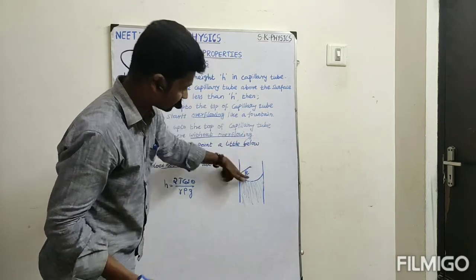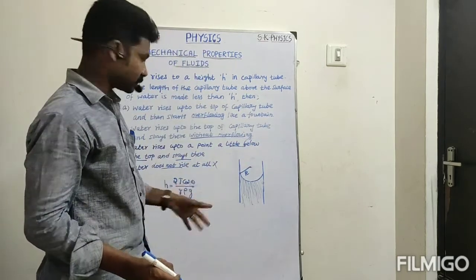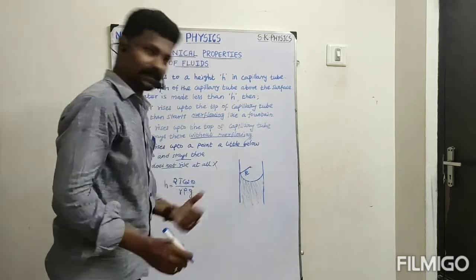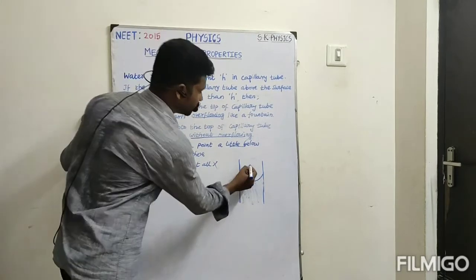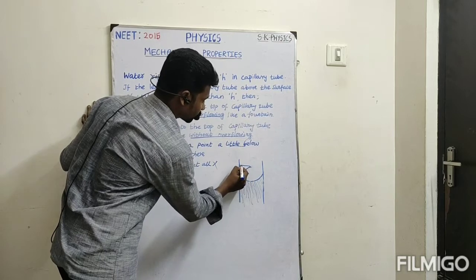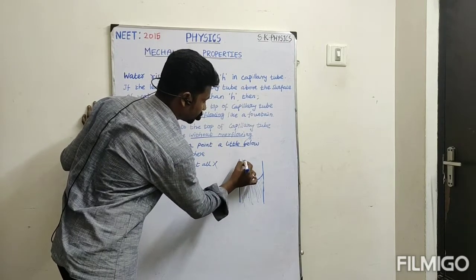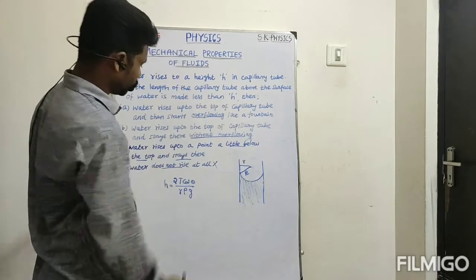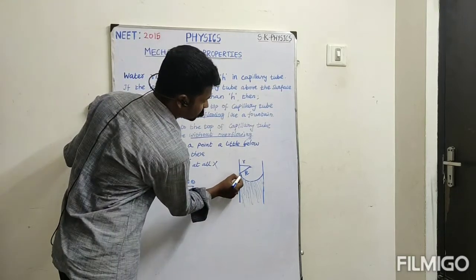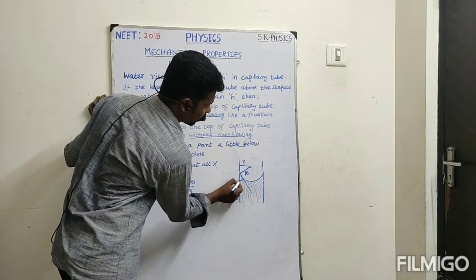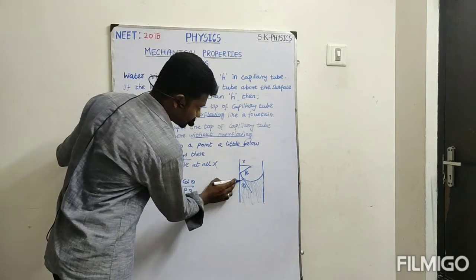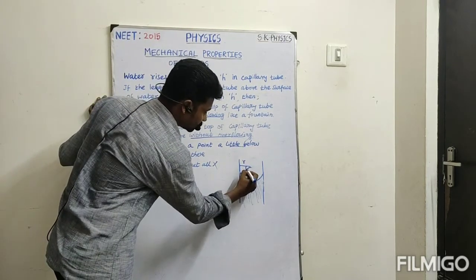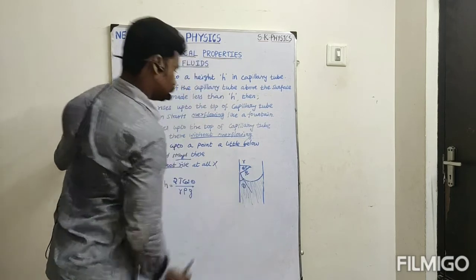So its meniscus radius is capital R. But the capillary tube radius, small r, is smaller. Now you know the angle of contact, that is theta. So if this is theta, then this is also theta.